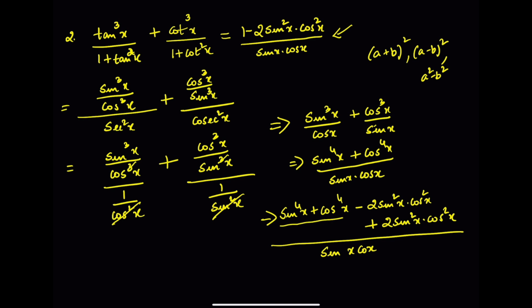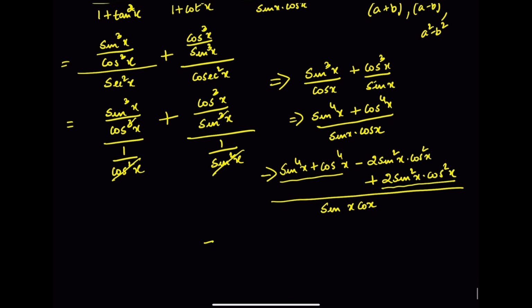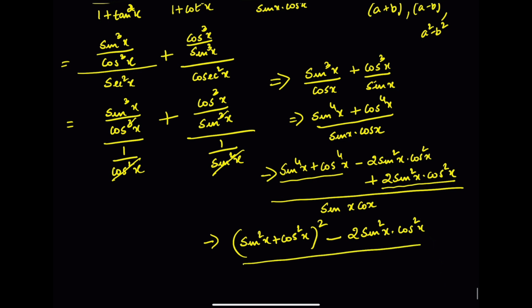So if we combine sin⁴x + cos⁴x and 2 sin²x cos²x, we would get ((sin²x + cos²x)² − 2 sin²x cos²x)/(sin x cos x).